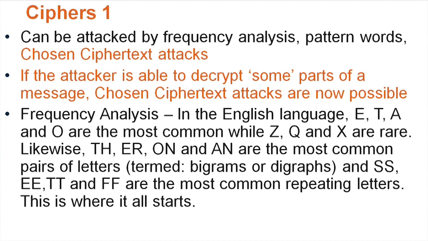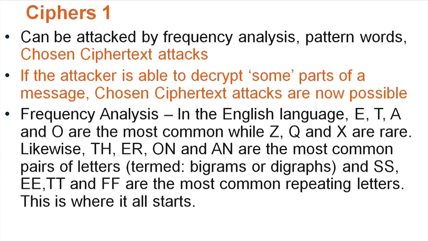Frequency analysis: in the English language, E, T, A, and O are the most common, while Z, Q, and X are rare. Likewise, TH, HE, ER, ON, and AN are the most common pairs of letters, termed bigrams or digraphs, and SS, EE, TT, and FF are the most common repeating letters.